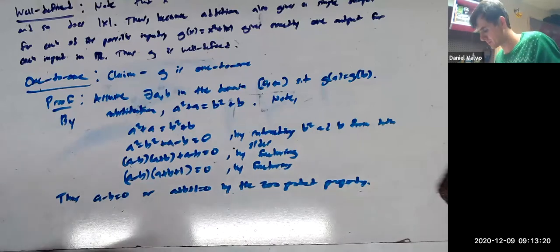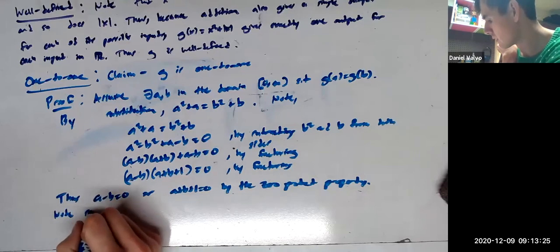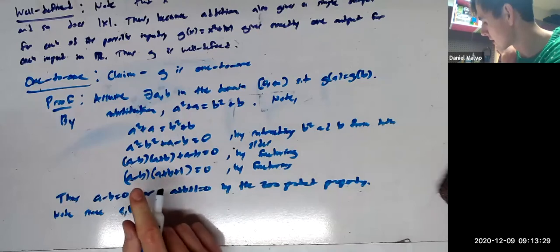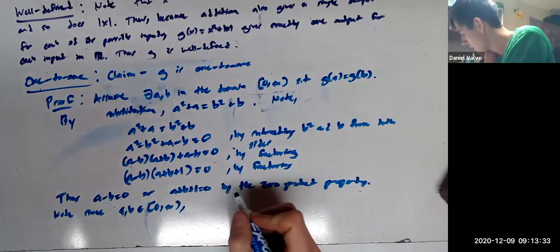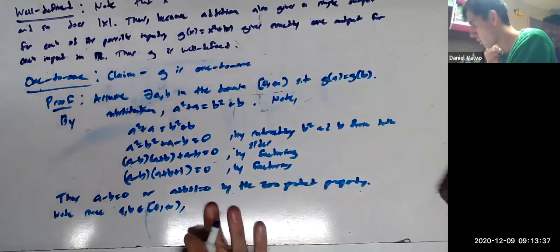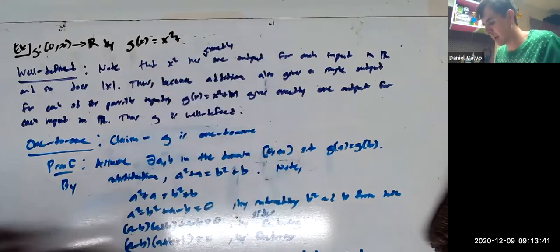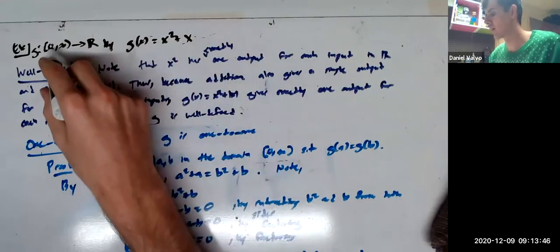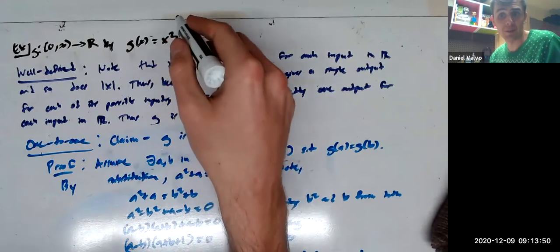So that's what we're going to prove. Note, since a and b are in the set 0 to infinity, we have that. Oh, by the way, I forgot to mention that this absolute value meant something before when there was an R here, but it doesn't matter now because in the non-negative reals, the absolute value of x always just equals x.